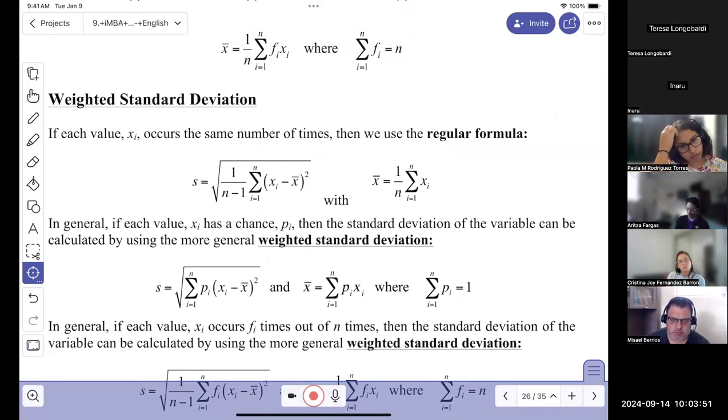And from that idea, what if you don't have observations with equal weight? What do you do? Well, this would be the weighted mean formula. So I'm replacing this with the weight.